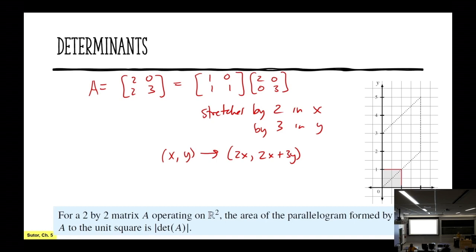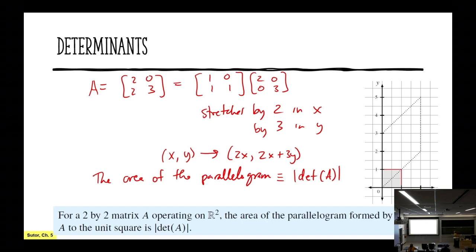The area of the parallelogram is its height times its width, and that's also equal to the determinant of A. Sometimes I think it's easy to rationalize what you're doing with a determinant by thinking about it with a geometric construction.